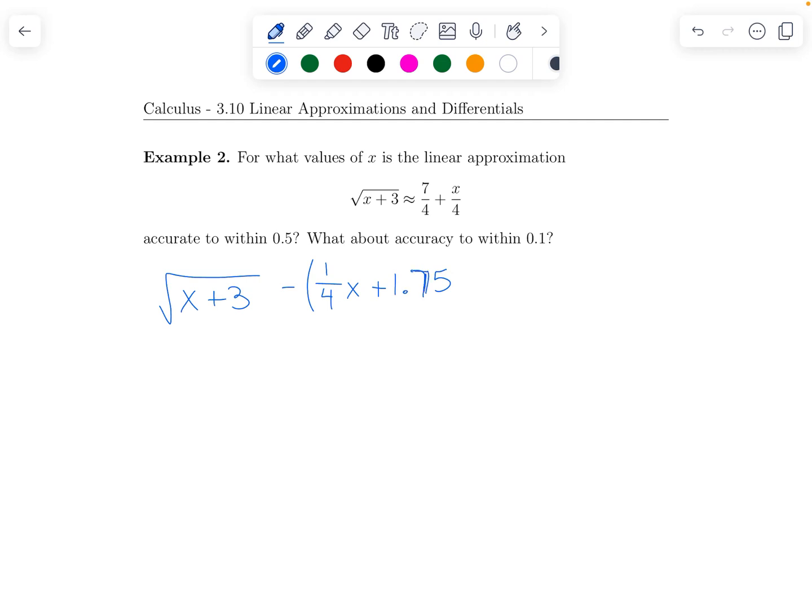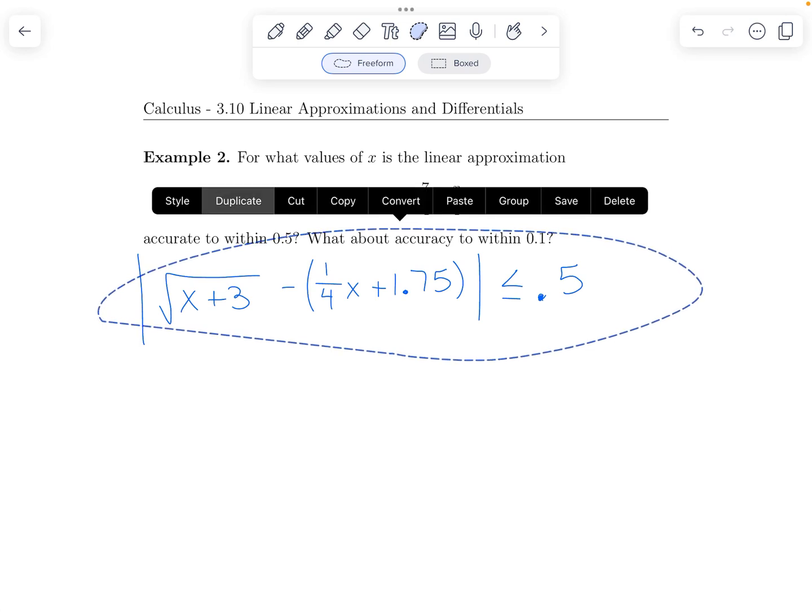When is their difference going to be within 0.5? Or when is their difference going to be within 0.1?